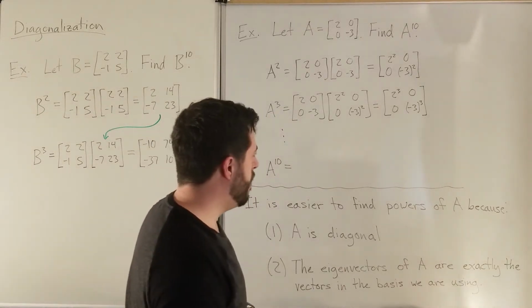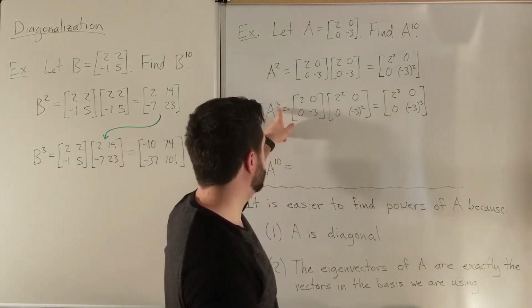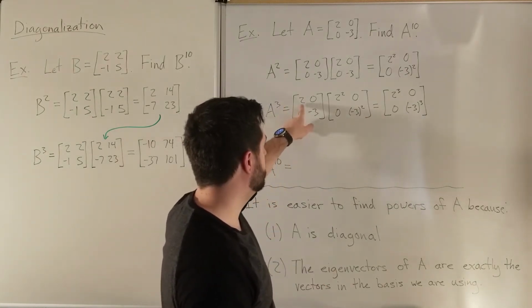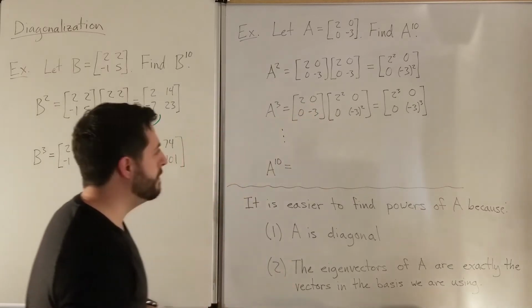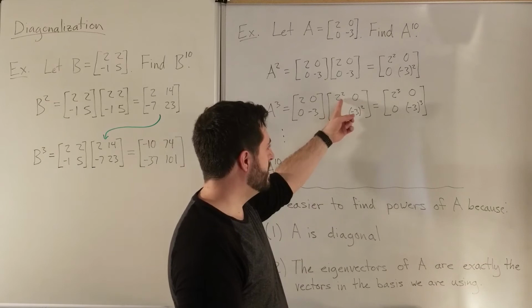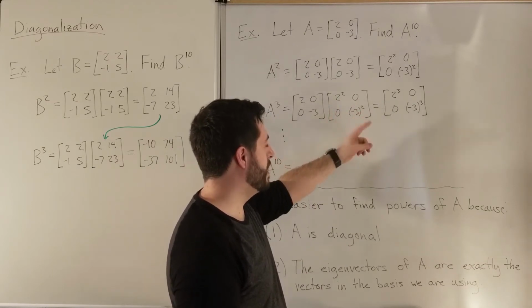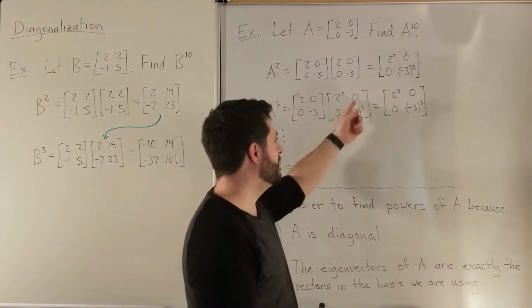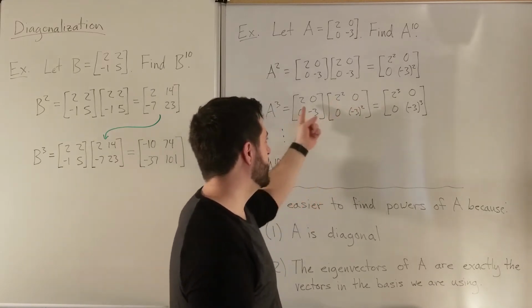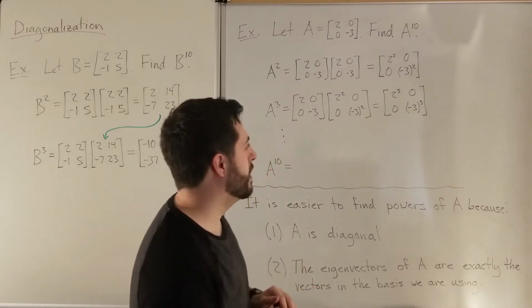So what's happening here is every time we increase the power, every time we multiply by one of these A matrices, we end up just multiplying this entry by 2 and this entry by negative 3. If we had non-zero entries here, they would also get scaled by these numbers according to what column they're in.